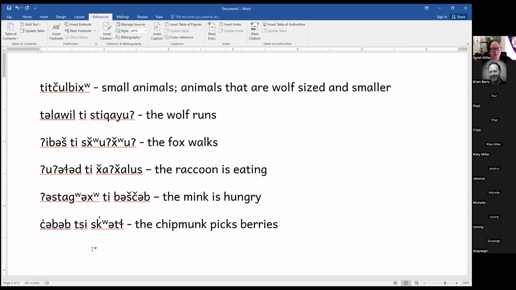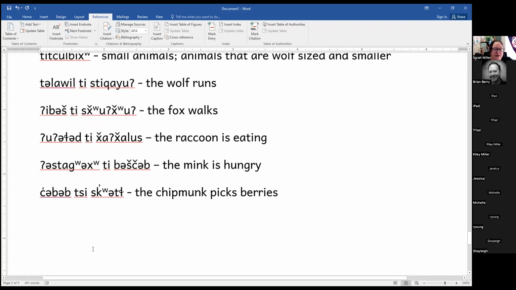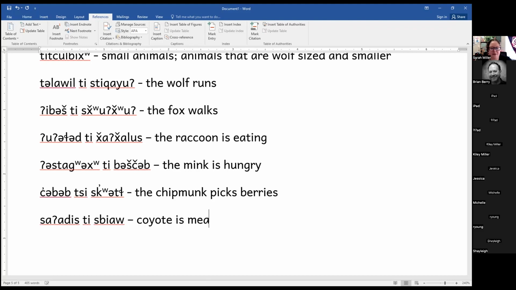Next we have Speow. Let's see, what could Speow do? Speow is coyote. He's kind of a trickster. He's kind of a jerk. He's mean. Let's just do that. Sa'adis T Speow. Coyote is mean. So sa means bad.